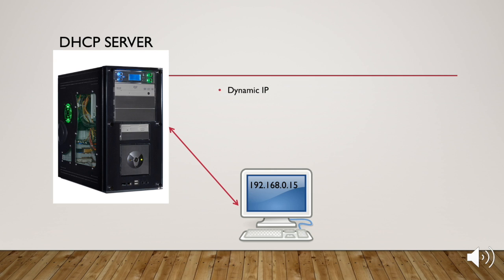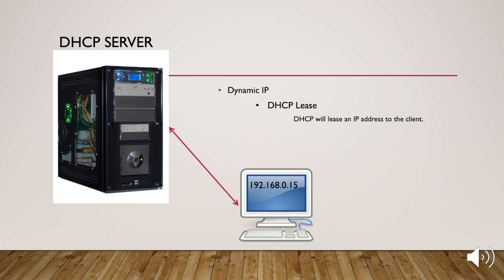Now that the client is using DHCP, the IP address is leased, which means the DHCP sets a time limit on how long the client can utilize that specific IP address. This is how DHCP can control the IP pool for available addresses.